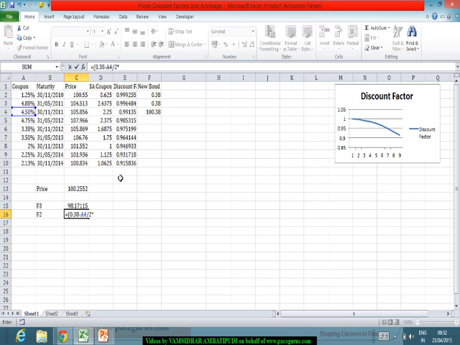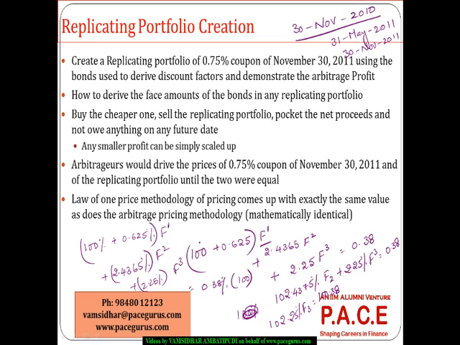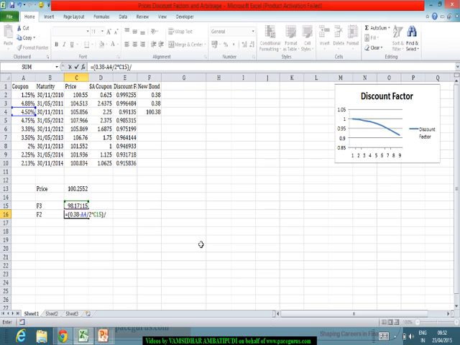This is the numerator part, and this entire thing is divided by 102.4375%. So I'm taking it as 102.4375, which is coming out as this one.